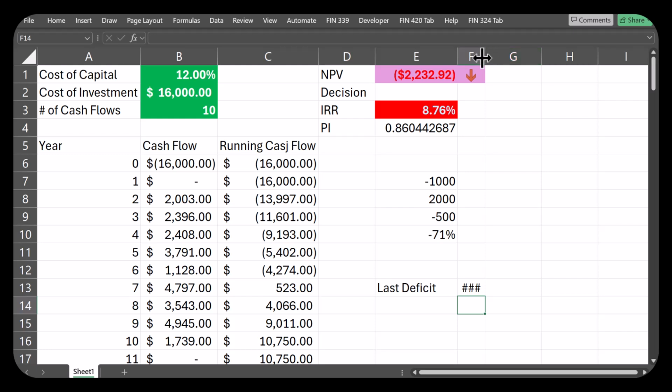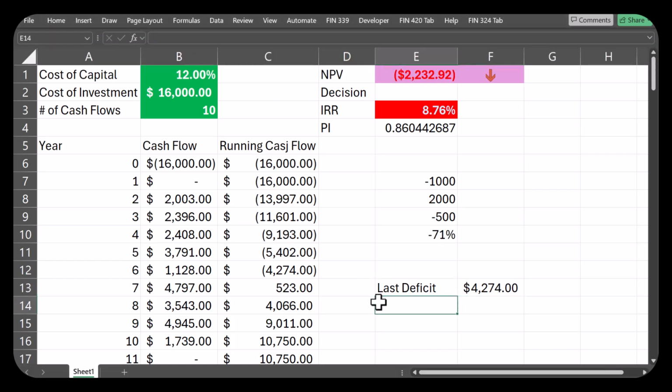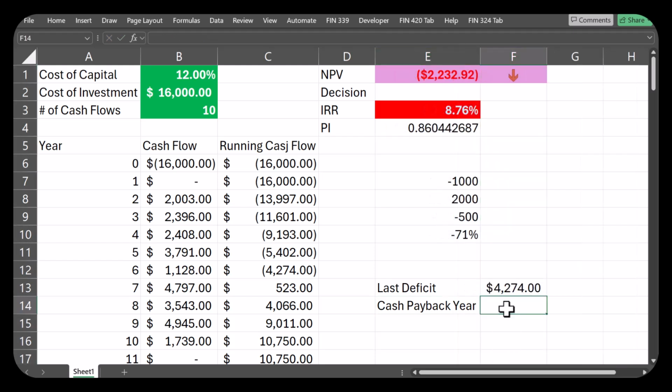So at the end of year 6, I still had 42.74 to collect. Cash in pay year, 47.97.